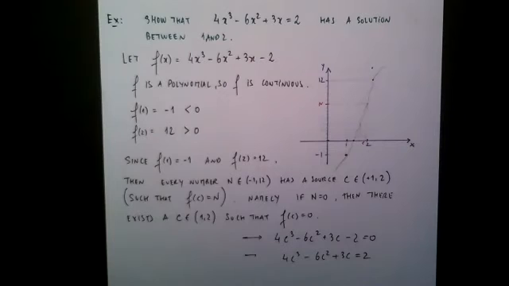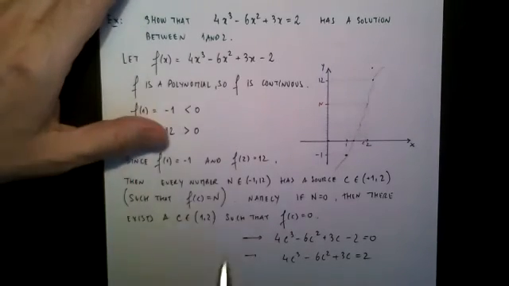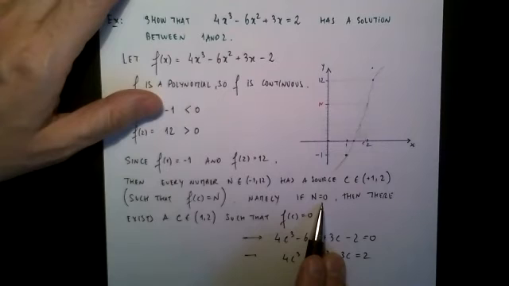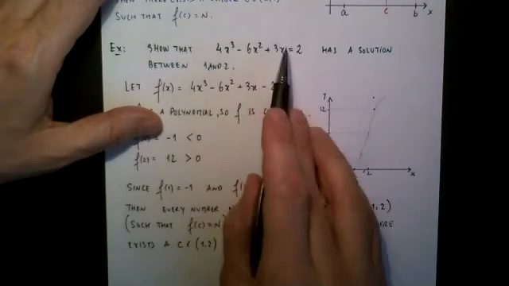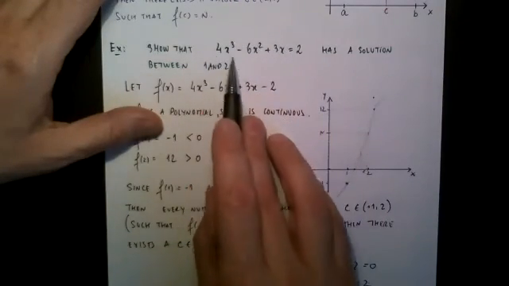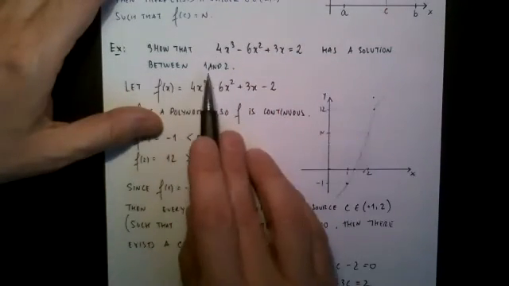Can you re-explain why you put equal to 0? Why did I put n equals 0? Yes, the last step. Okay, the question is to show that this equation has a solution between 1 and 2.